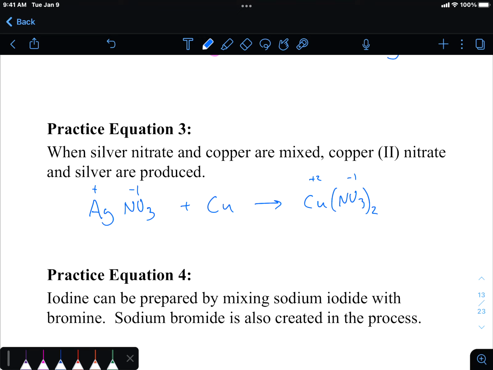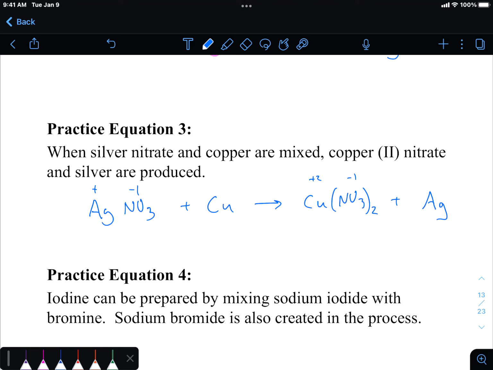When you are writing formulas, the most important rule is that your formulas are neutral. You have to check and make sure of that first. Okay? Make sure your formulas are neutral. All right, and then silver, by itself. So here's silver. Okay. So those are my reactants.